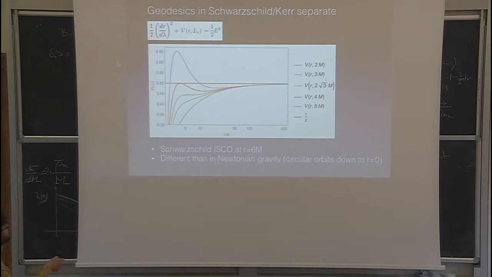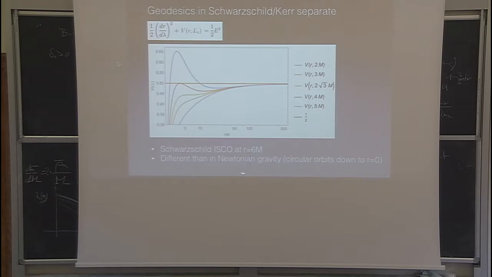So you get radial regions that are allowed by this equation, and radial regions that are forbidden. For instance, you can plot this effective potential V(r), and you find that you can only have stable circular orbits at radii larger than 6M.